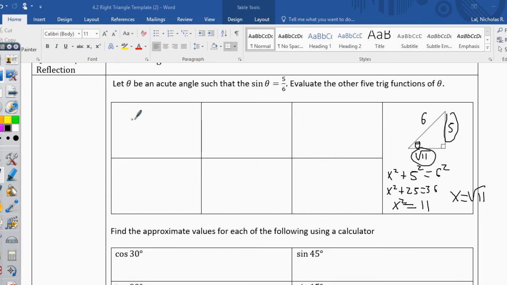All right, so the sine of theta is going to be 5 over 6. The cosine of theta, you can do it in the box below. I prefer having the 3 main trig functions in the top 3, the reciprocals in the bottom 3. The cosine of theta would be root 11 over 6.